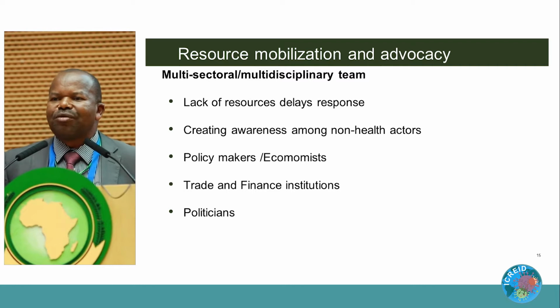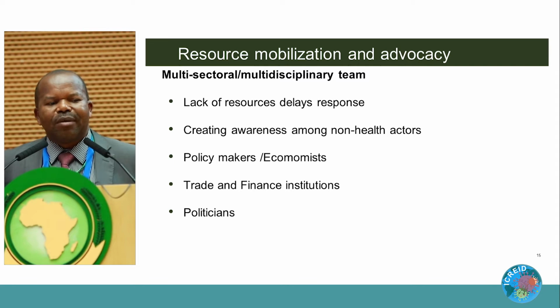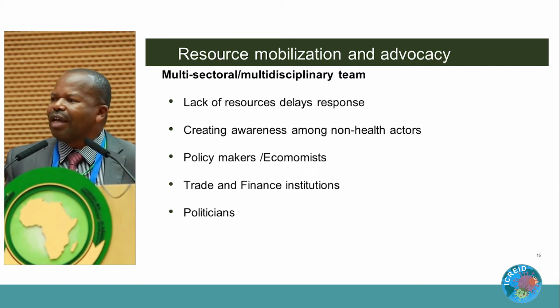It's important that we devise the means and ways of making sure that our advocacy is giving us fruits from a multi-sectoral, multidisciplinary team to be able to reach every constituency that matters as far as Rift Valley fever infection is concerned.